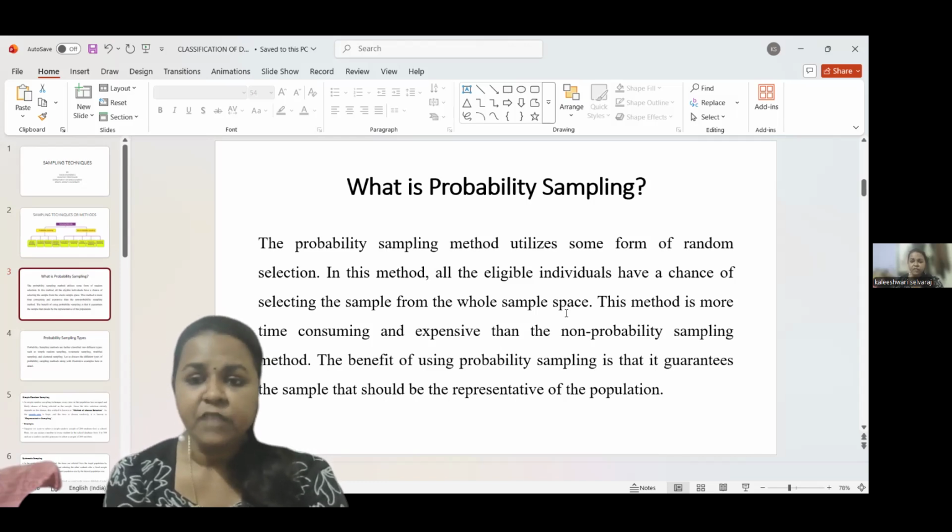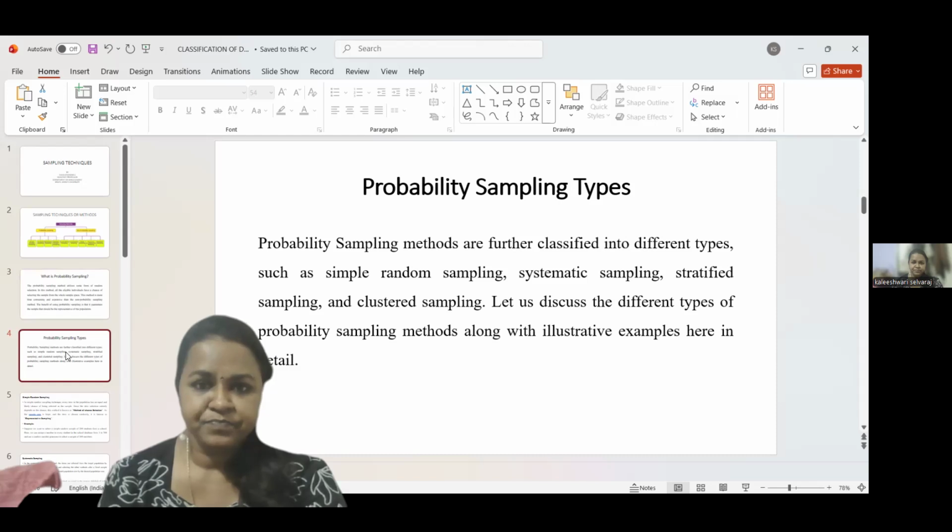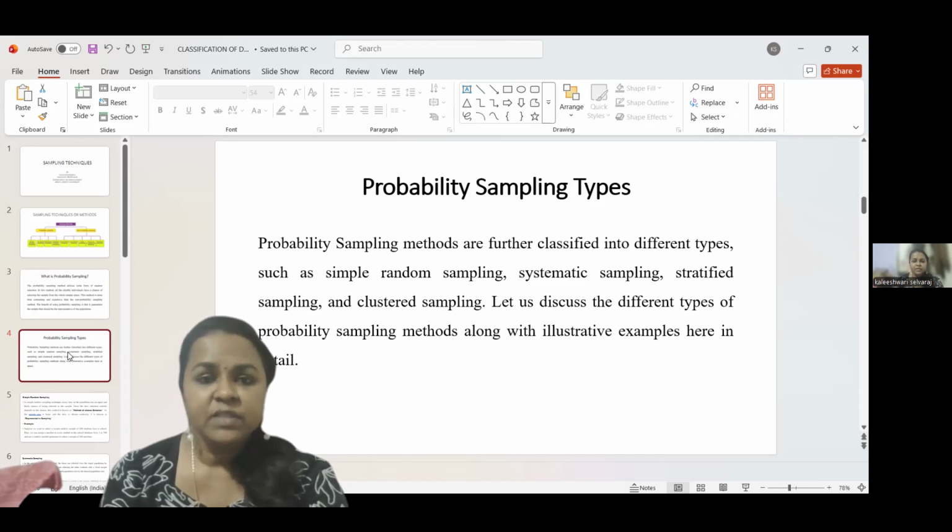Likewise, if you know the size of that particular group, like 1,000 people or 2,000 people or 10,000 people, if you have a definite size of that population, then you can adopt probability sampling. And the types of probability sampling are broadly classified into simple random, systematic, stratified, and clustered, and we'll be seeing them in detail in the video.